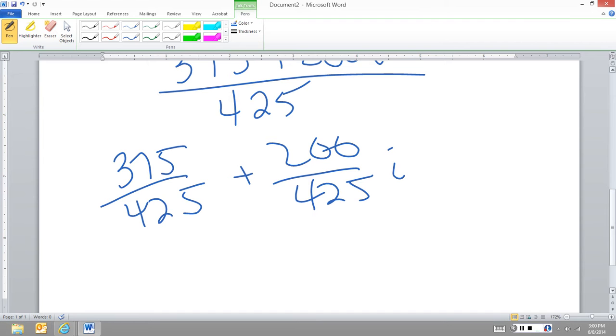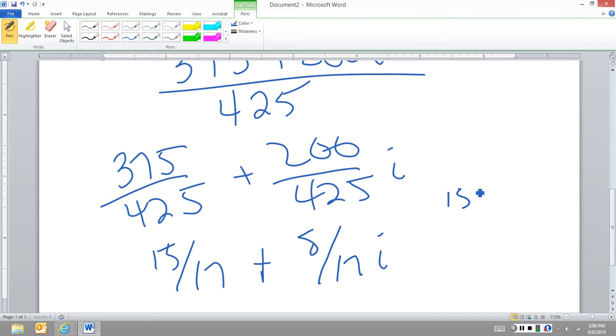Okay, so if I take a 25 out of both of these, it becomes 15 over 17. Let's do the same thing on the other one. And this becomes 8/17 i. So we're only going to be able to take 25 out, but we were able to take that out. And so we were able to simplify this into 15/17 plus 8/17 i.